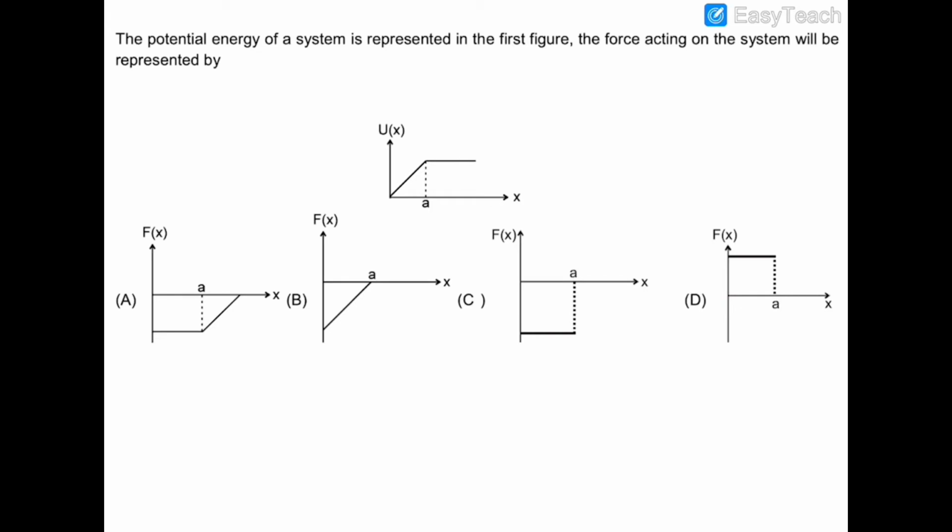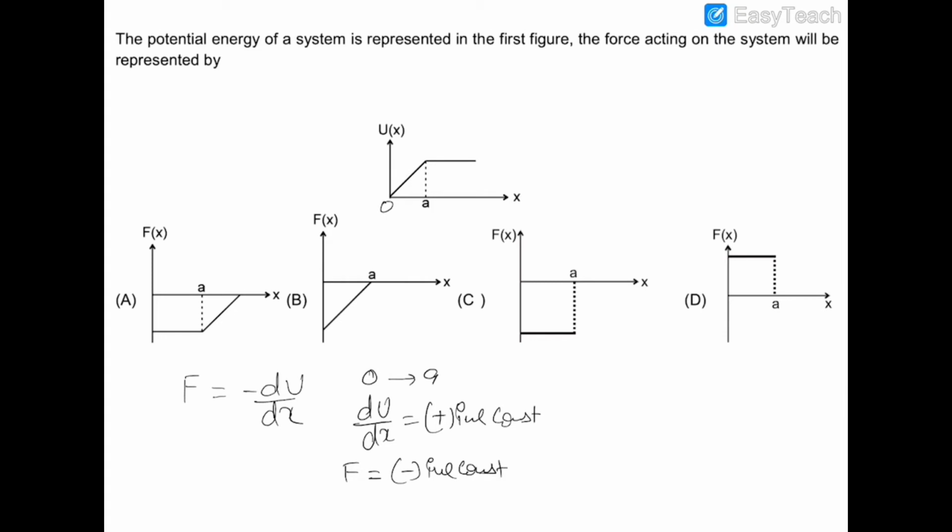Now we can easily identify the graph, as we know that f is equal to minus du by dx, and the slope in 0 to a, which means du by dx, is positive, and it is also a positive constant, and hence the force in this region will be a negative constant.